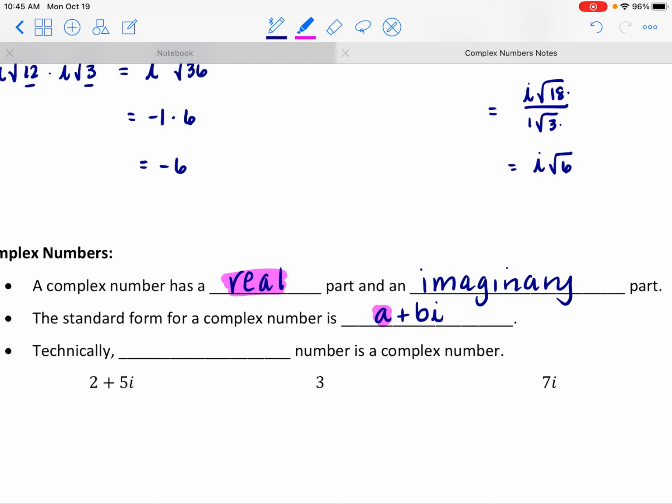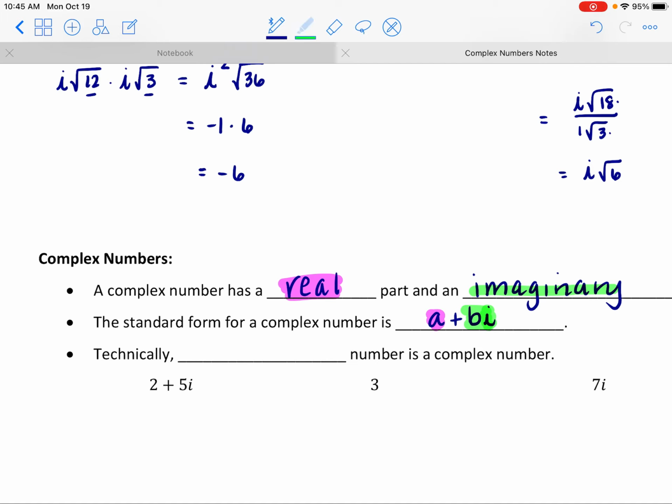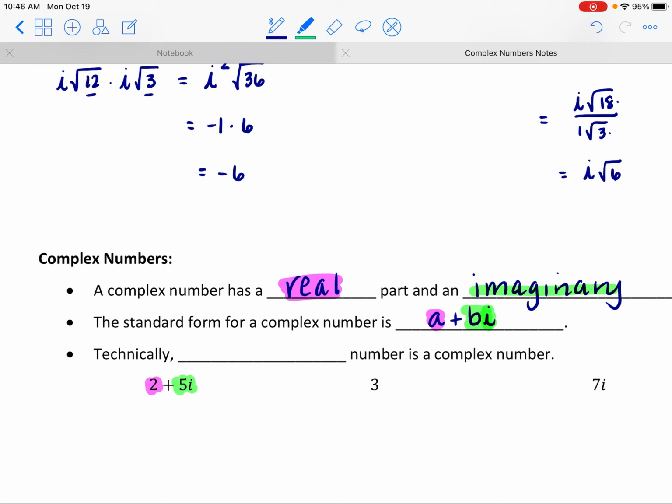So b is a coefficient. It can be any number in front of the i, but the imaginary here, well, let's lump it together. Okay, that's going to be our imaginary number part. So some coefficient of i. So like this example here, 2 plus 5i, this is the real number part of that, and the 5i is the imaginary number part of that.